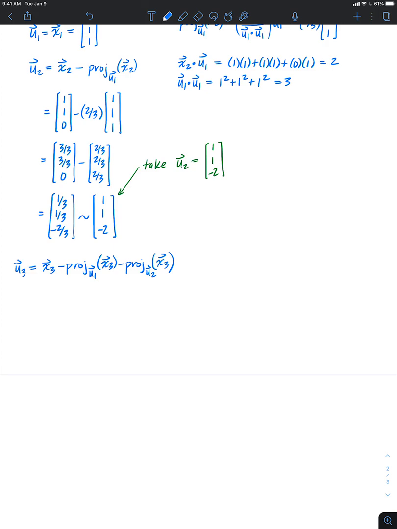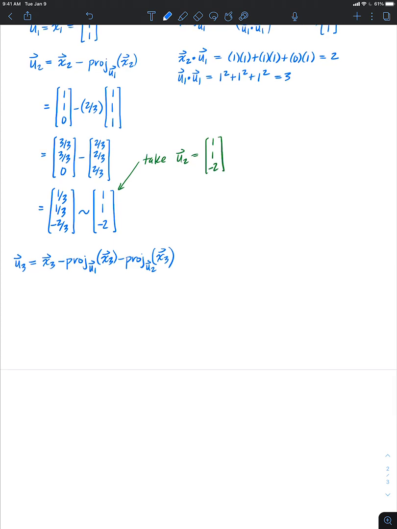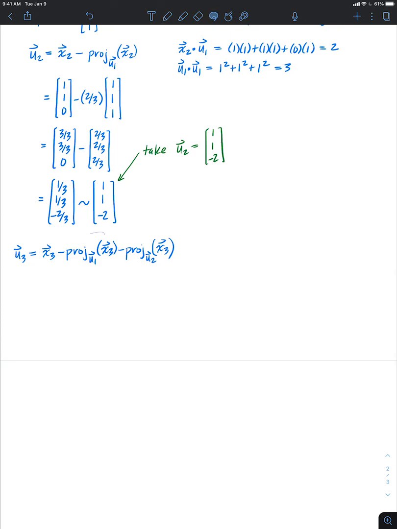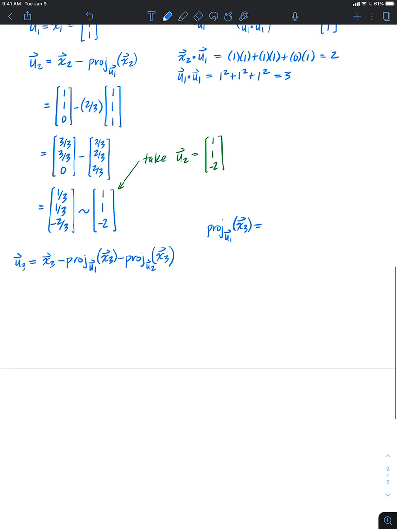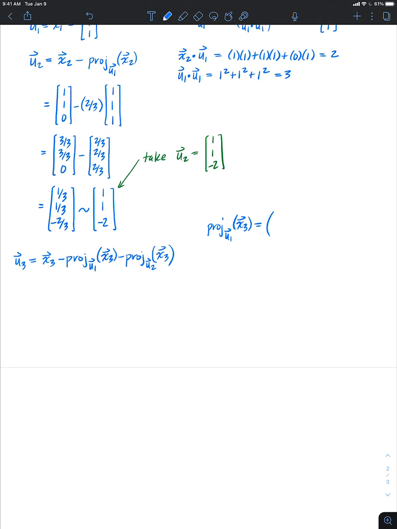Okay, so how are we going to do this? Well, let's start with the projection of x3 onto u1. Let's work that out right here. Based on the formula for projection, we have the dot product of x3 with u1 over the dot product of u1 with u1.